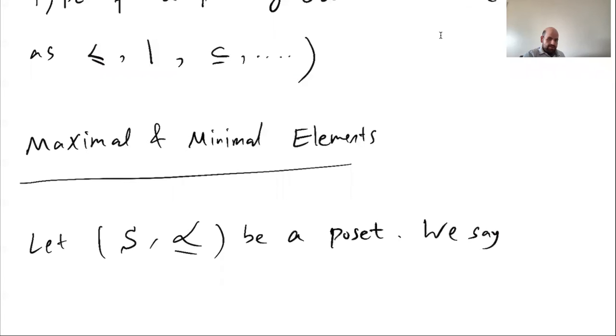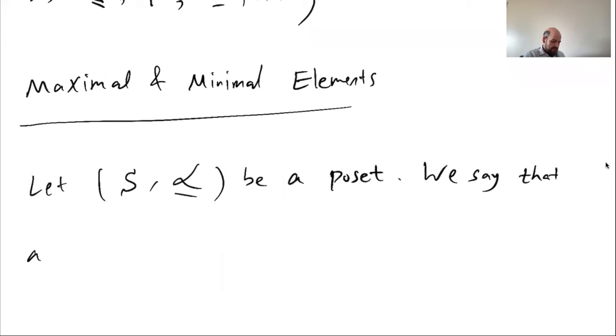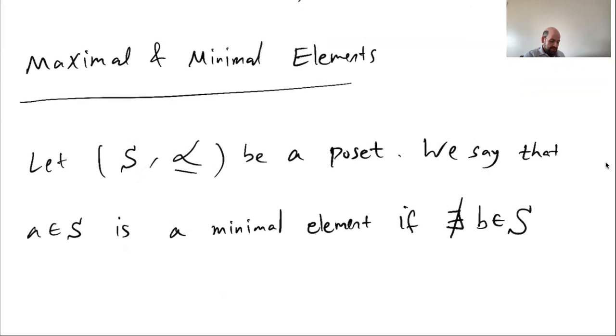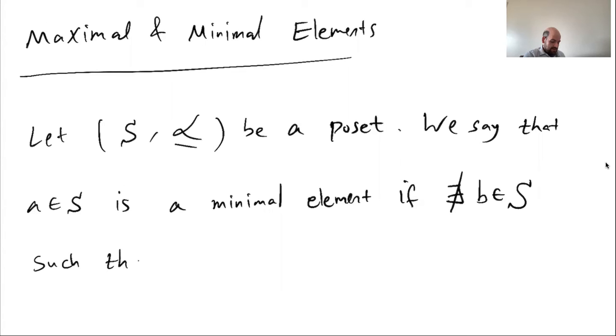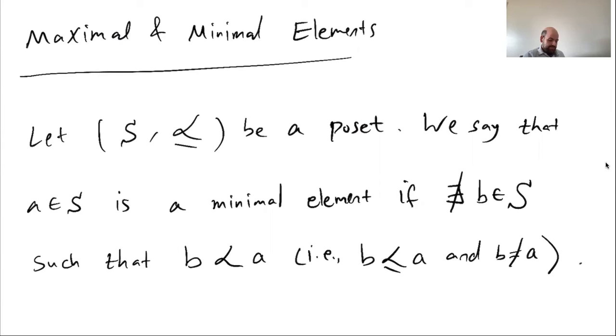We say that A belonging to S is a minimal element if there does not exist any B in S such that B is less than A, i.e. B is less than or equal to A and B is not equal to A. Minimal element means there is nothing less than it in the set.